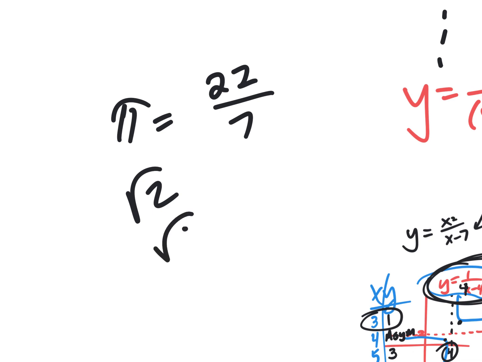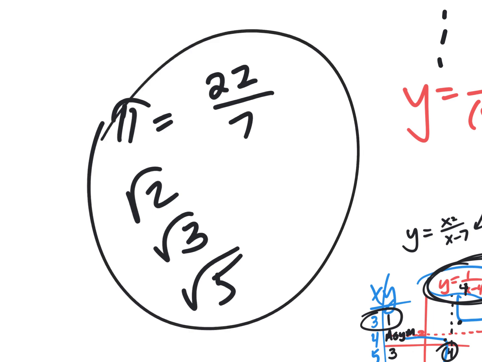No, the square root of 3 is also irrational, and the square root of 5 is also irrational. And why did I skip over the square root of 4? Because that's just 2, and that can be written as a fraction. So it's square roots of things that aren't perfect squares. All of these things are irrational: decimals that go on forever and never repeat.